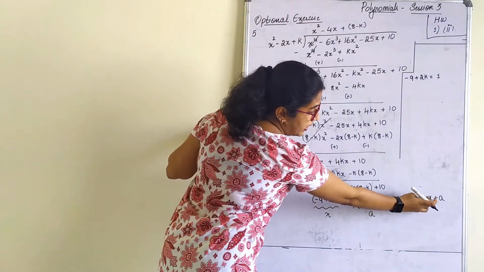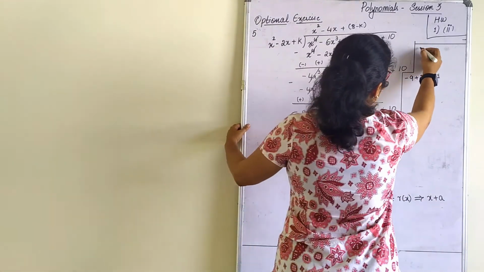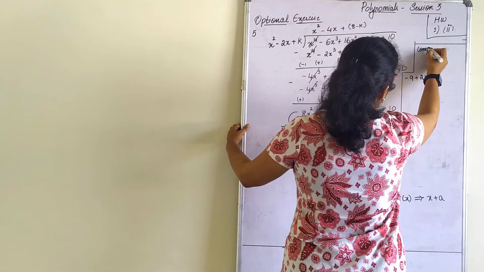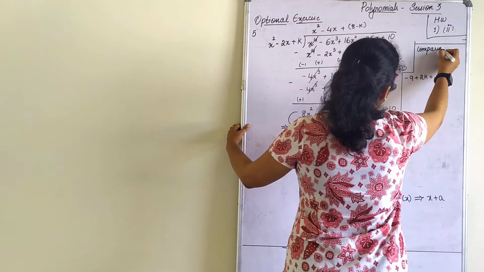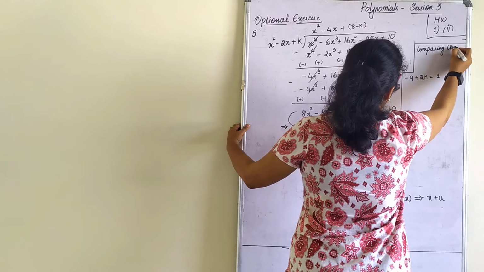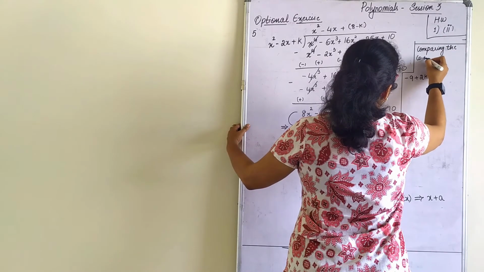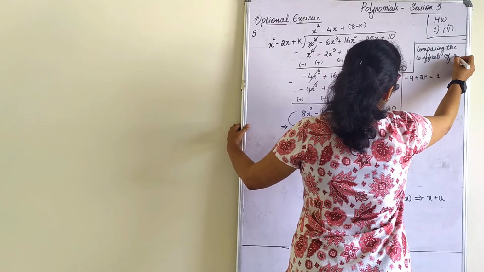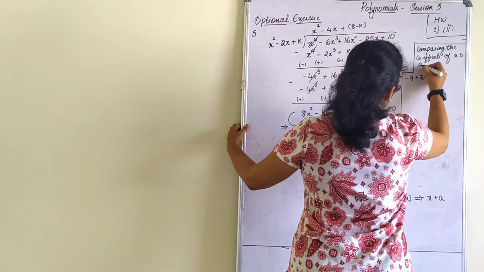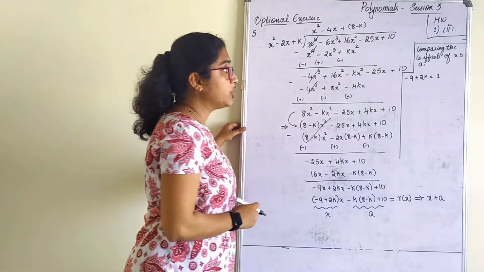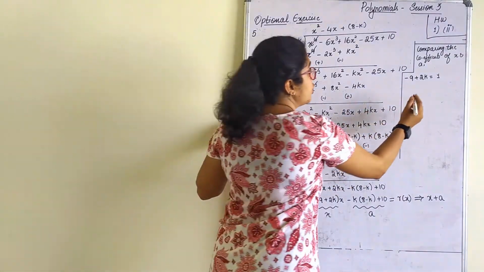The coefficient of x is 1 here. Okay, I'll write here: comparing the coefficients of x and a. First, I have compared the coefficient of x.